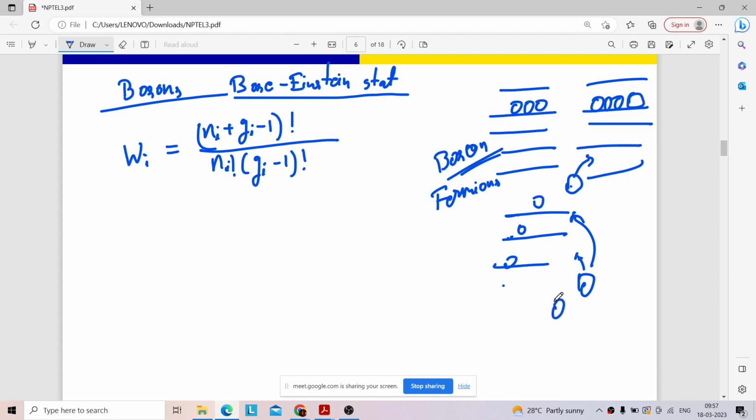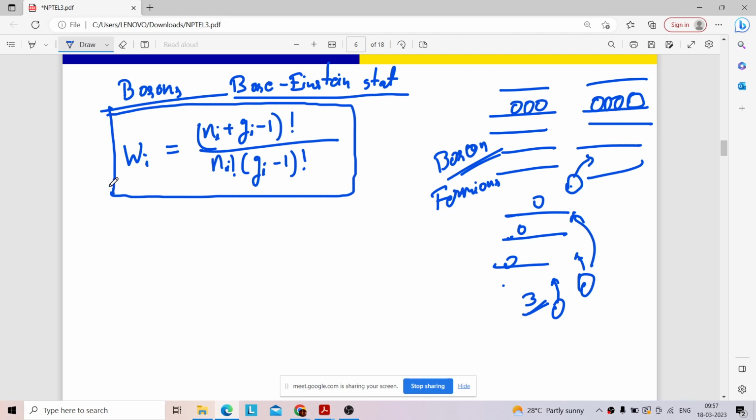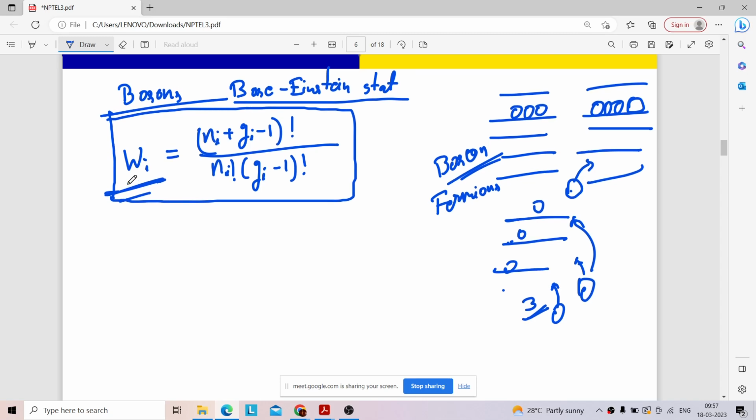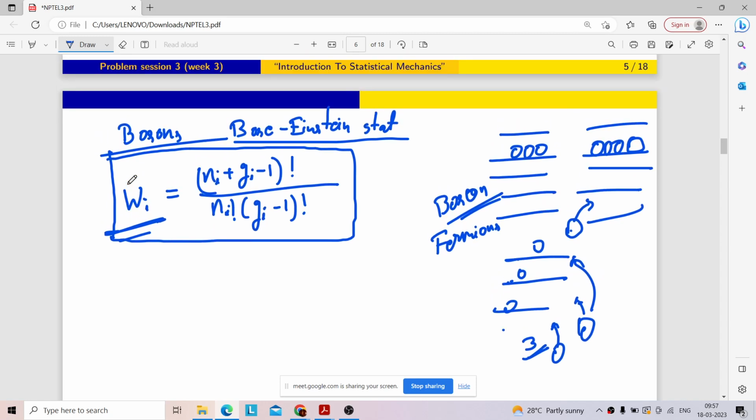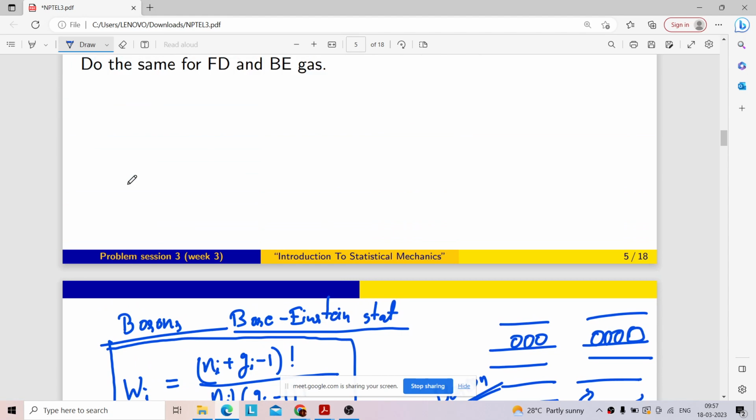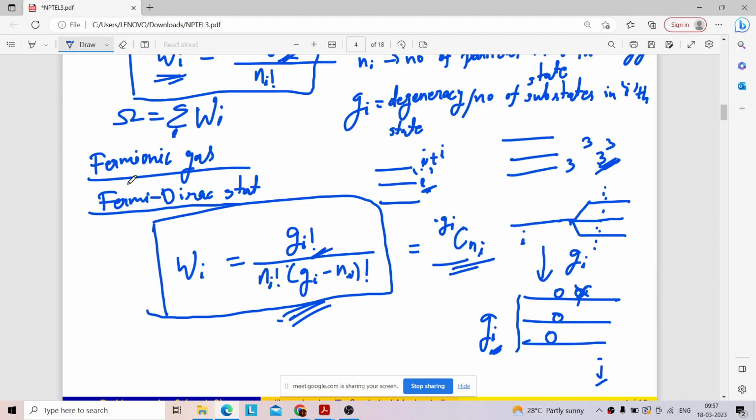But if a boson is coming from outside, it will see three possibilities. So the number of microstates will be more for bosons. So we saw three ways of calculating the number of microstates for bosons, fermions, and classical gas.